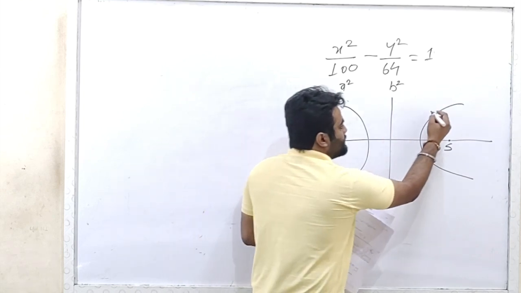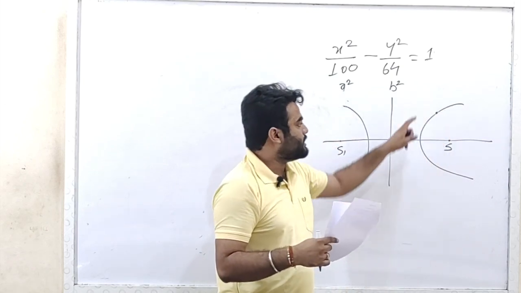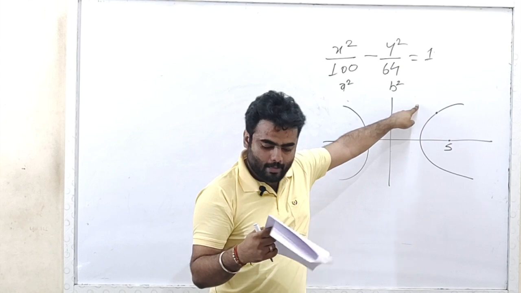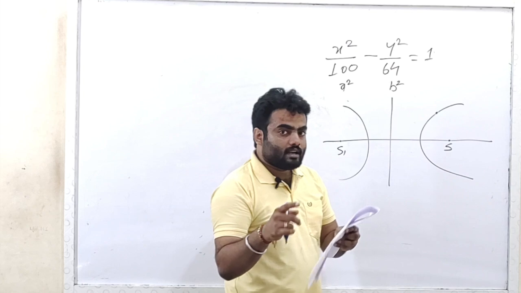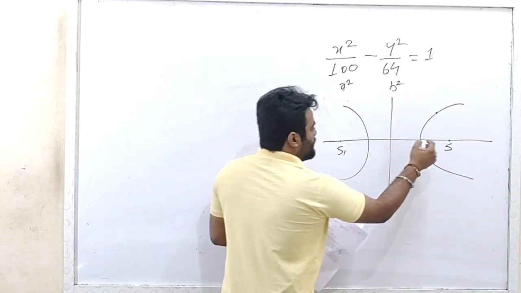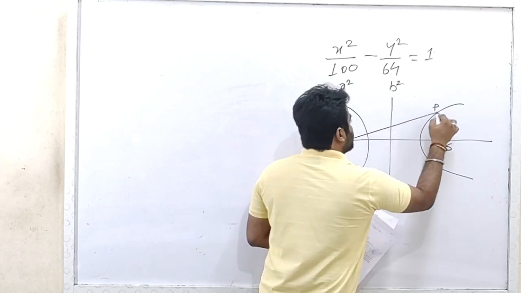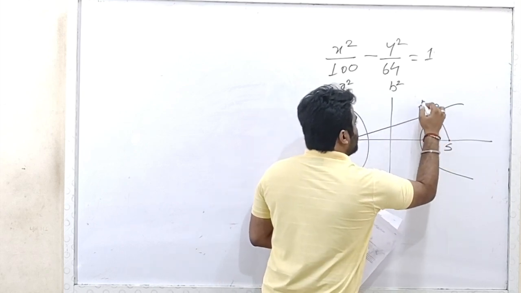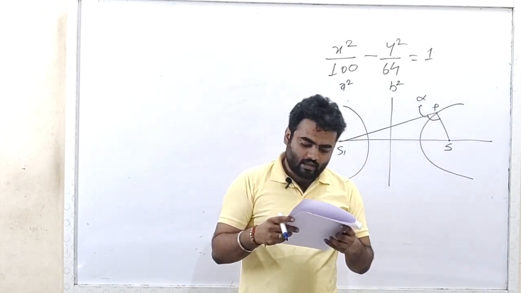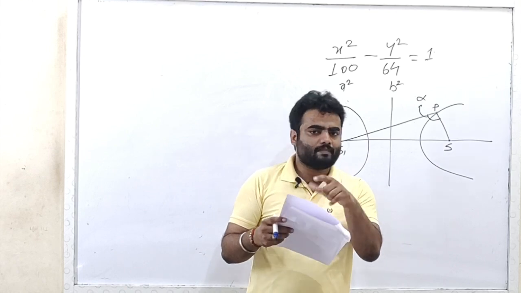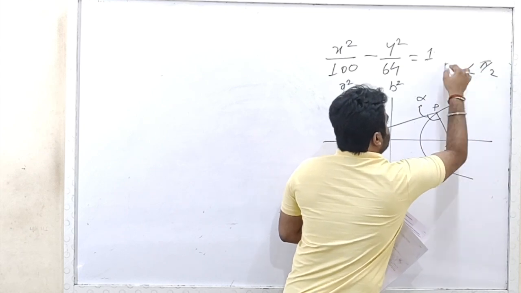See here there is a point P on the hyperbola in the first quadrant, so I am putting one point P over there. Let angle SPS1 equal alpha. This angle is alpha, and here also one condition is given that alpha is less than pi by 2.